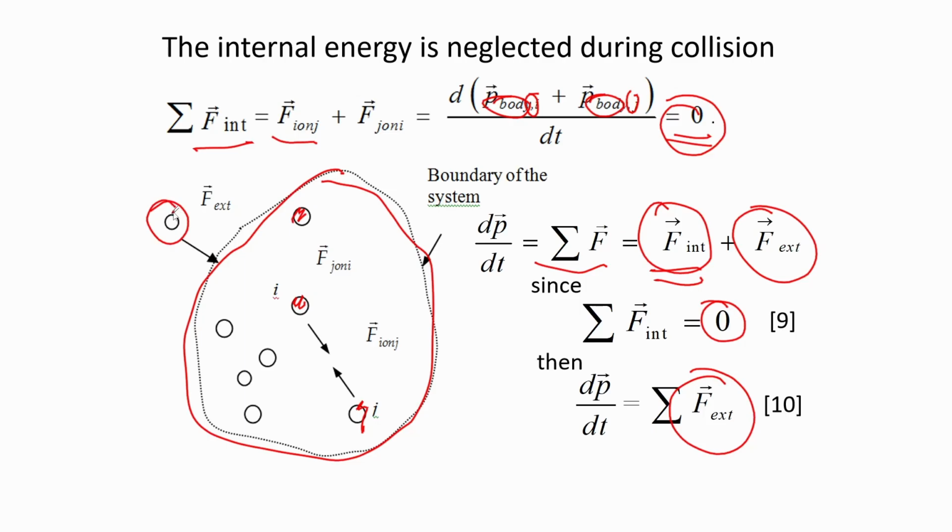For example, this particle here is outside of that body, interacting with this larger body. So internal interactions are basically ignored.